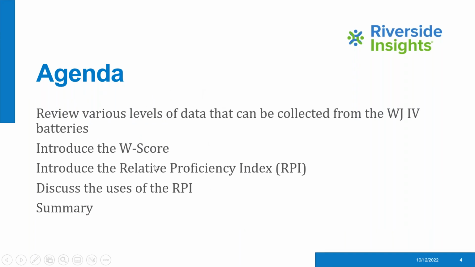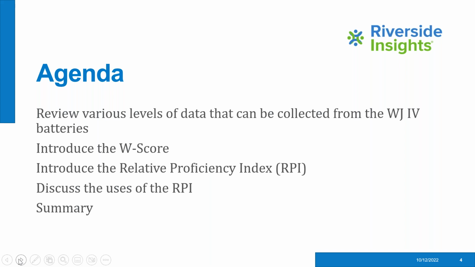So our agenda for today is we're going to be reviewing the various levels of data that can be collected from the WJ4 batteries. There is a vast amount of information available to us as evaluators beyond the standard score that we can gain insights on regarding a student's functioning.